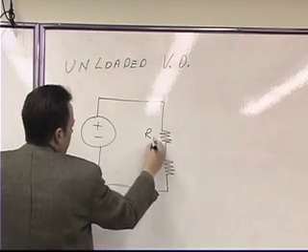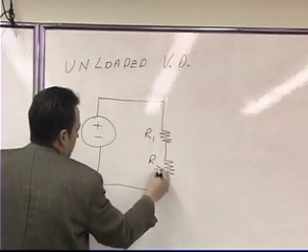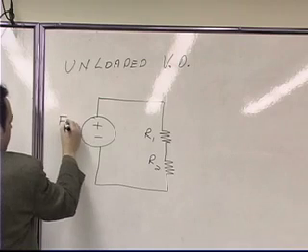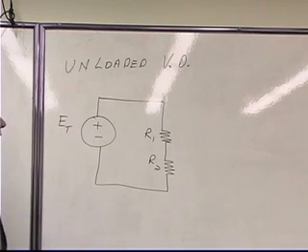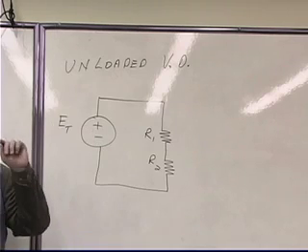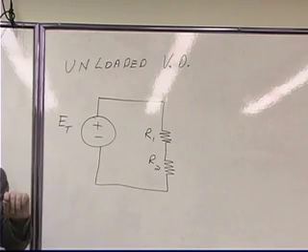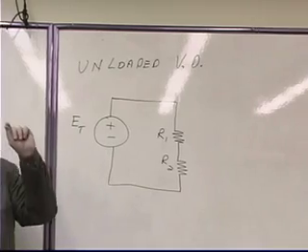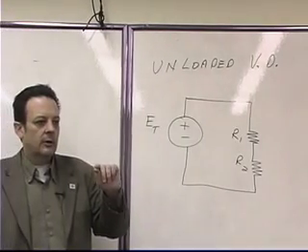So if this is resistor 1, this is resistor 2, and this is the battery voltage, this would be an example of an unloaded voltage divider. Okay.